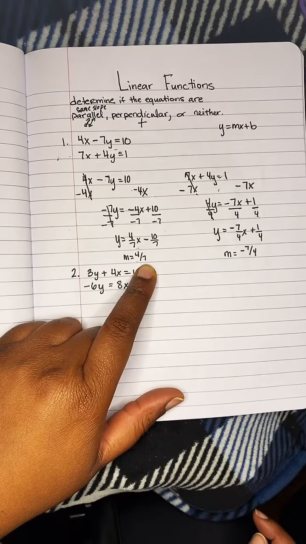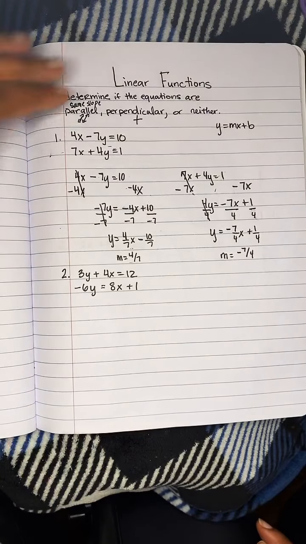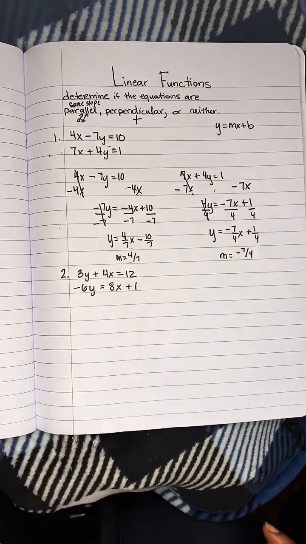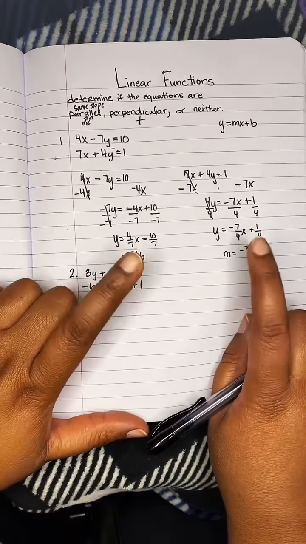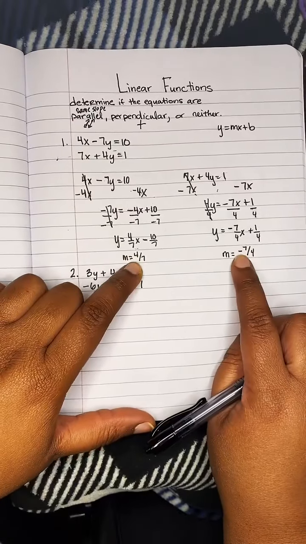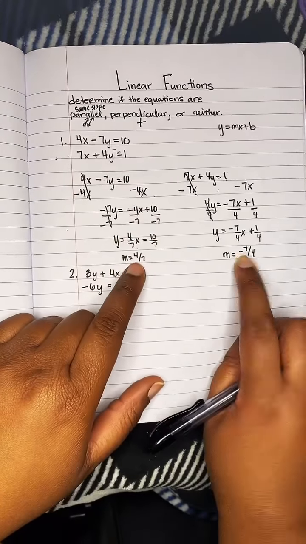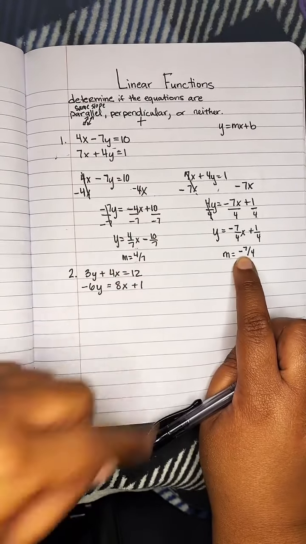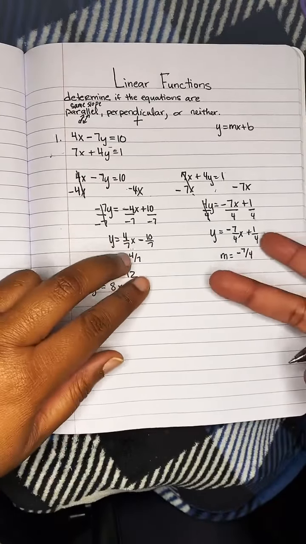Good. Maggie said perpendicular. Yes, they're perpendicular. So let's talk about why they're perpendicular for the people that are lost, okay? In order for them to be perpendicular, one has to be positive, the other one has to be negative. That's one condition, okay? So we have a positive and we have a negative. The other condition is they have to be flips of each other, which is called reciprocals.